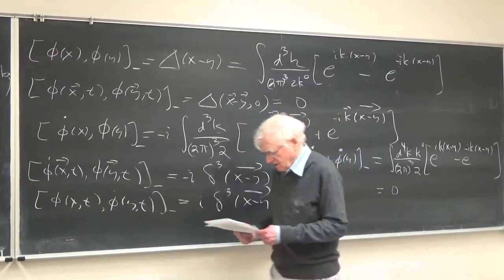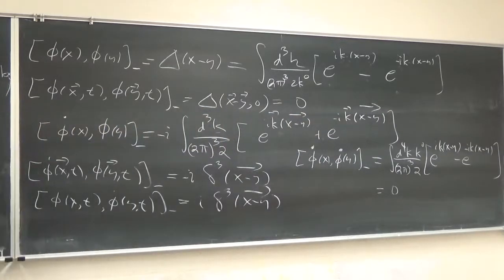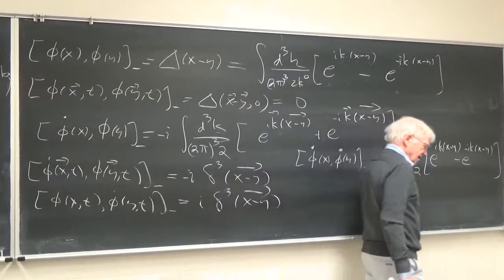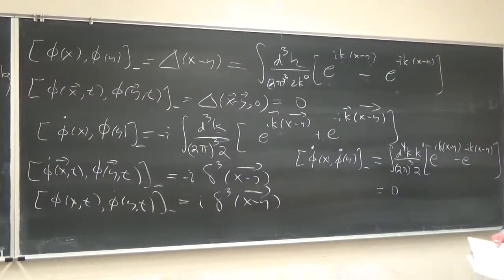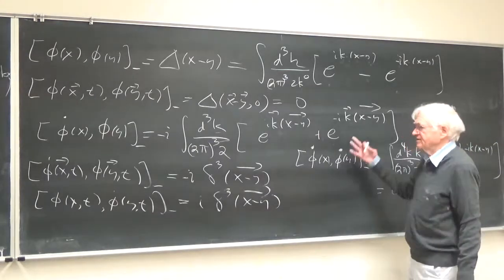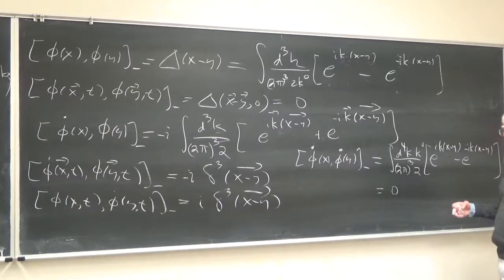So it's formally 0, and Weinberg takes it to be 0. To what extent, in what detailed sense it's 0, is something that I can't say just off the top of my head. The way one analyzes things like this, by the way, is you have some singular expression.